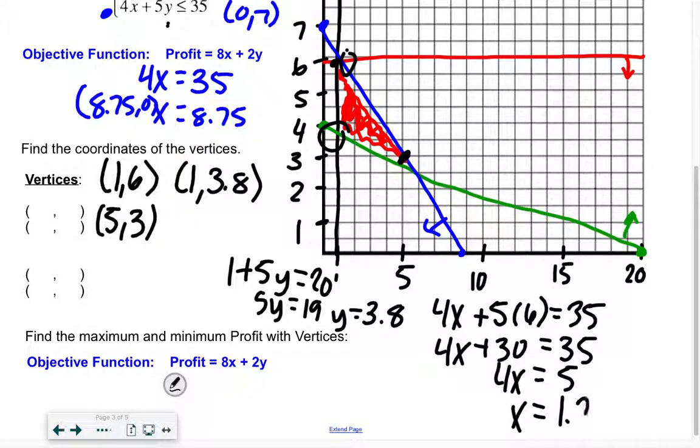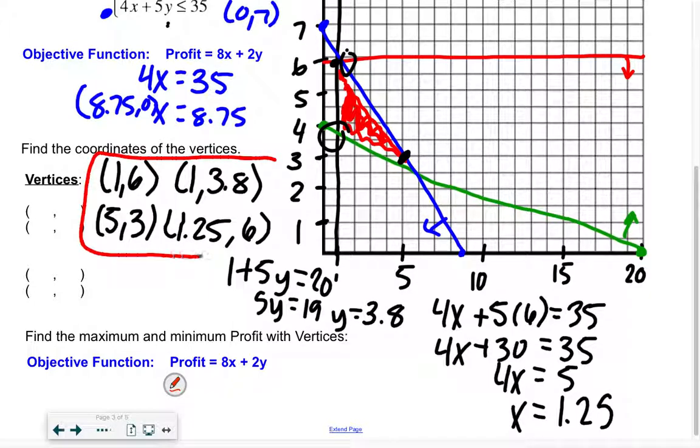X equals 1.25. So that means when my y is 6, my x is 1.25. So I have the point 1.25, comma 6. So these are my vertices. Okay. Good on graphing, good on vertices?